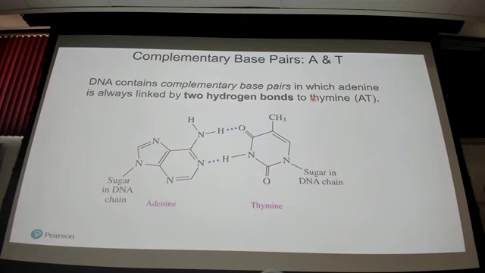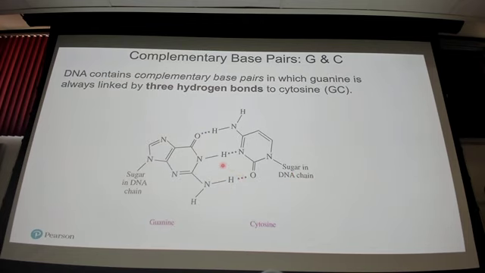There are always and only 2 hydrogen bonds formed between adenine and thymine. Those are complementary base pairs. Hydrogen bond shown here. And there are always 3 hydrogen bonds between guanine and cytosine shown here. Adenine and thymine are bonded together. Guanine and cytosine are bonded together.